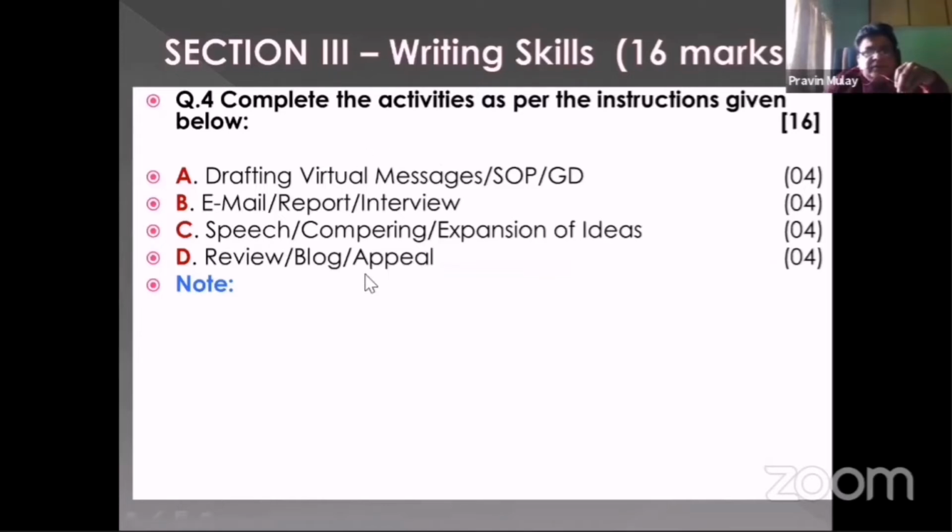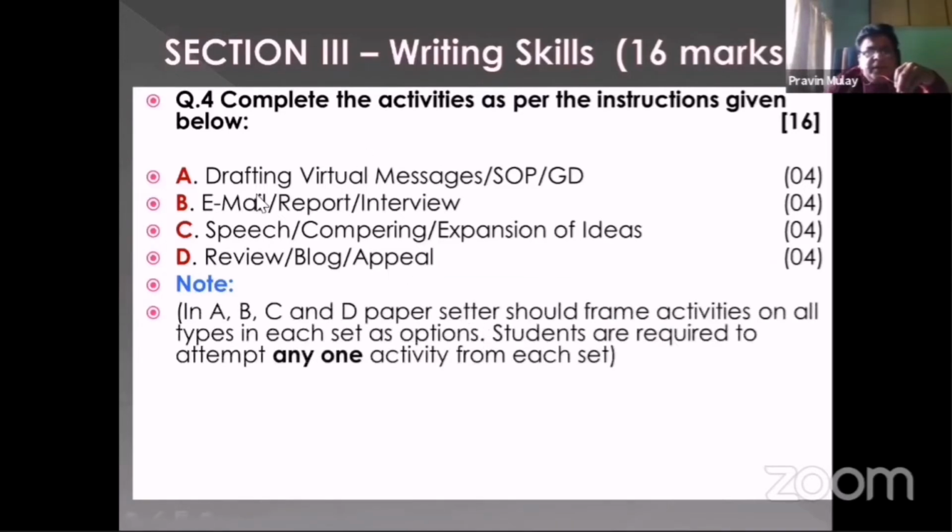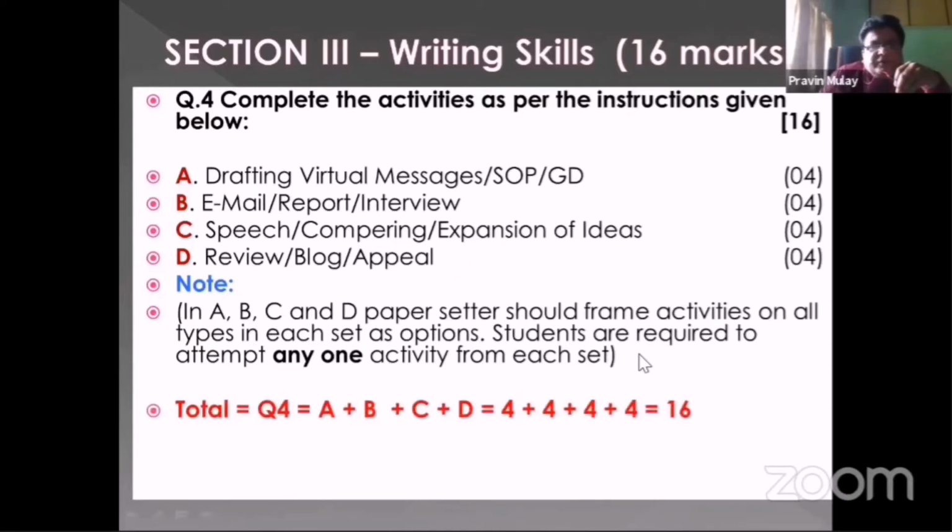Though this is the pattern, in the above ABCD, the paper setter will have to frame activities on each and every type and set them as options. In A part, these 3 will be options. In B part, these 3 will be options. So students are required to attempt any one activity from each set for 4 marks. So this is the note. A very challenging task for the paper setters. And we have all this for 16 marks.